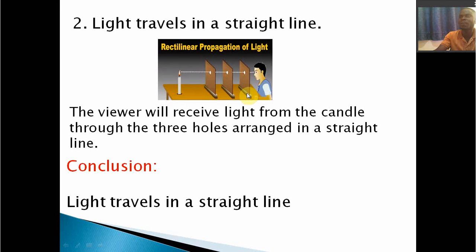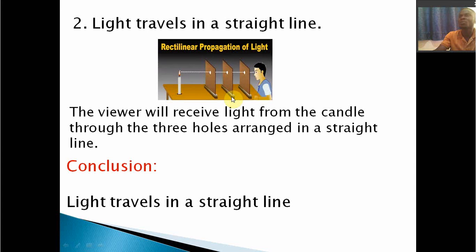When you, the observer, are on this side and you arrange these cardboards in a straight line and light the candle this side, you will be able to look through these holes and see the light this side, meaning that light travels in a straight line.